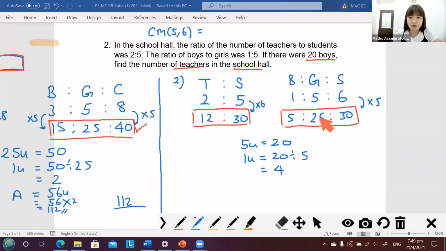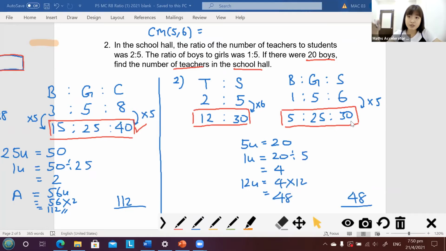So 12 units will be 4 times 12. Your final answer would be, you can just type in your calculator if you're not sure. Yes. Rachel, Celine, April, yeah, 48. So that's your answer, 48 teachers.